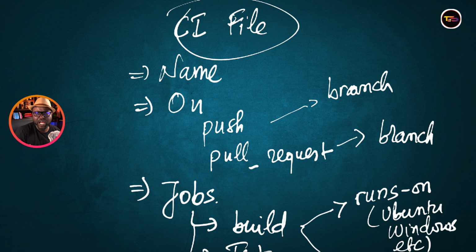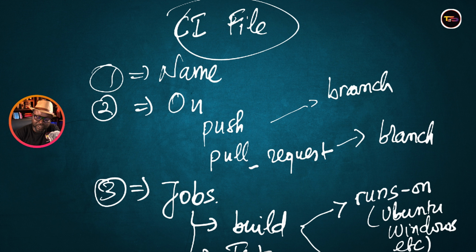In our case, we want to run a command, a Docker build command using the Dockerfile. So this is, in a nutshell, what you need to know about the CI YAML file. Number one, name. Number two, events or triggers. And number three, the jobs.